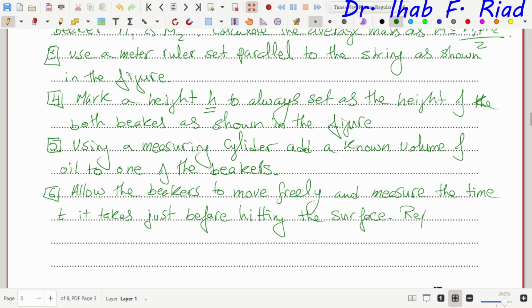Repeat the measurement twice, T1 and T2. Calculate the average time T.